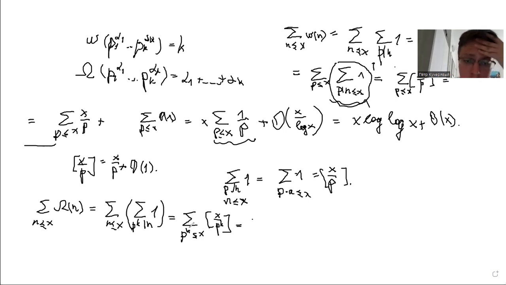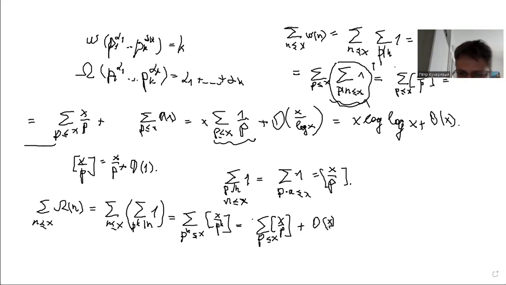You see, powers which are bigger than 1 give big O of x. Does anyone understand why? I want to say that this is the sum over p less than or equal to x of x over p, and it's the same sum as we had, plus big O of x.